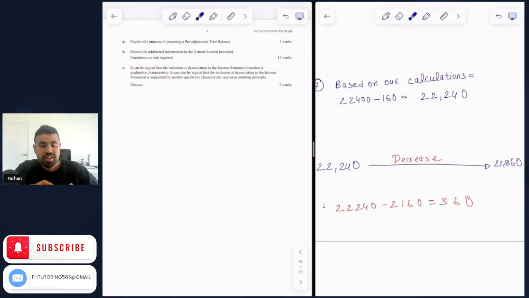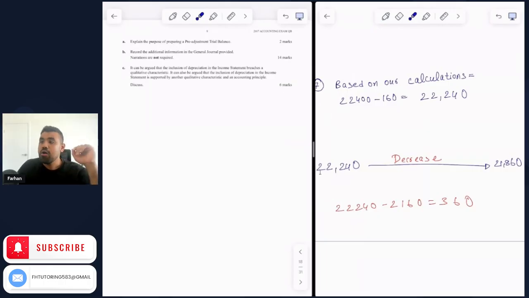Because we cannot identify the depreciation with 100% certainty, it's basically based on judgments, which we hope to ensure are reasonable, and therefore whatever profits and losses that we make during disposal have been done with as much certainty as possible. So here, the question about reliability as a qualitative characteristic arises. Okay, so this is the reason why the inclusion of depreciation in the income statement may breach a qualitative characteristic as an argument.